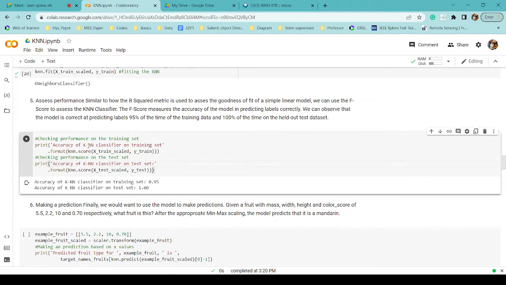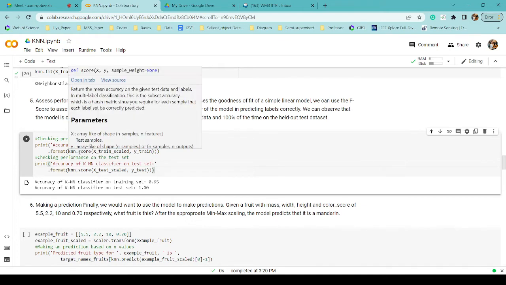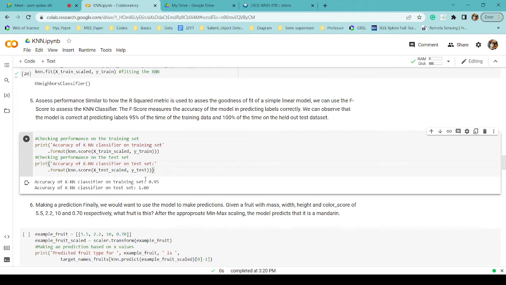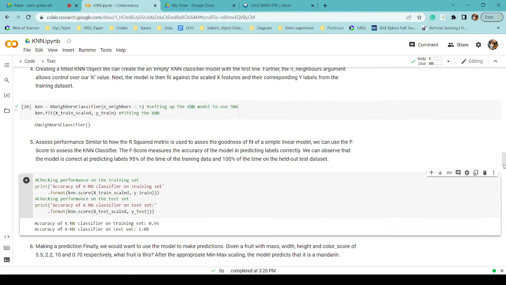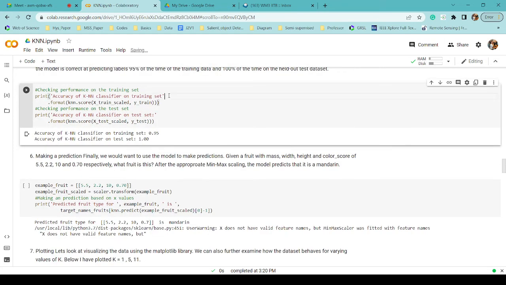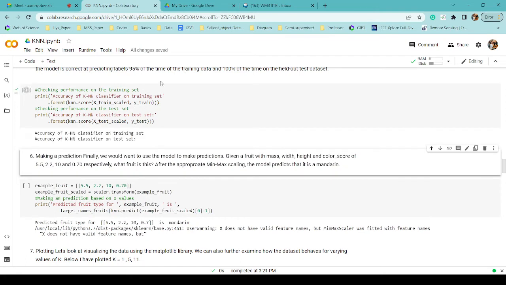That's it. And how we are going to do it is there's something called score. Over here I have given KNeighborsClassifier as knn. So when I'm running this, I'll be getting the accuracy for KNN training set and test set.